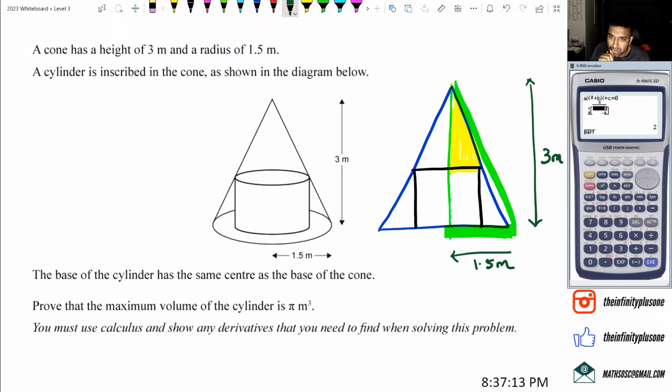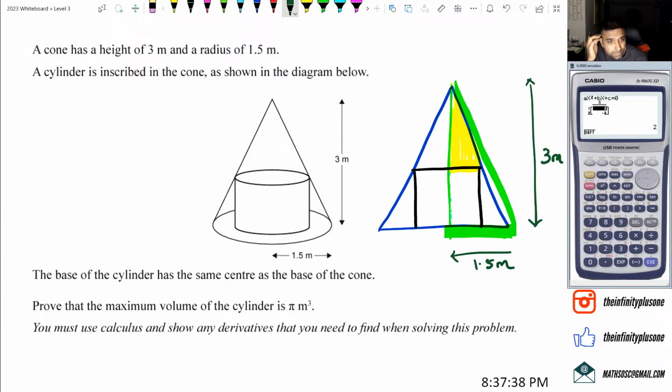That means if you look at the yellow triangle... no, wait, we want to take the cylinder first. If we're going to get the cylinder first, I'm going to go h minus 3 minus 2r. No, 3 minus 2r.